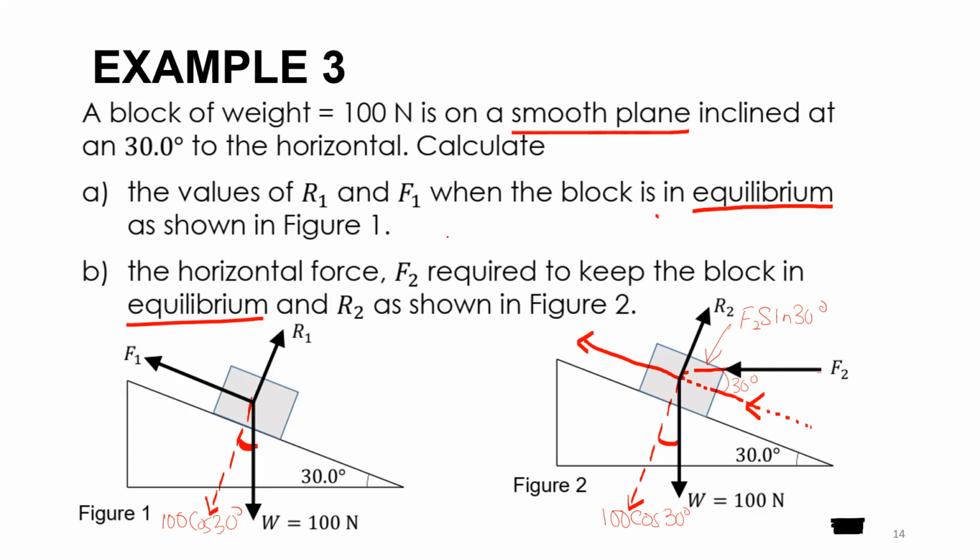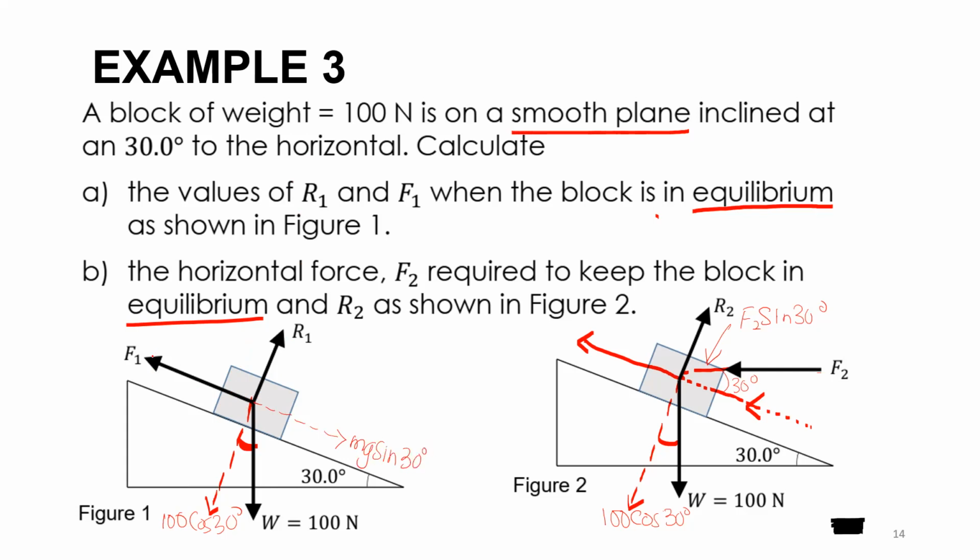So here when it's in equilibrium, the force F1 will be balanced by the only force that is going to pull the object down, which is the component of the weight of the object, that is mg sine 30 degrees.